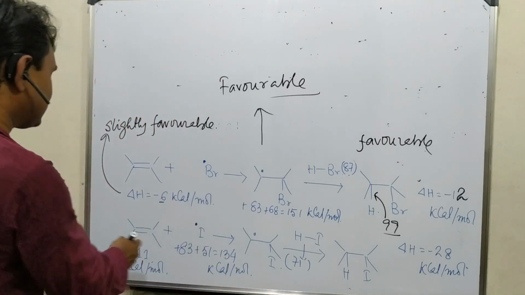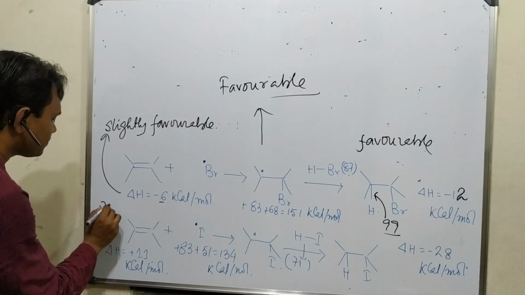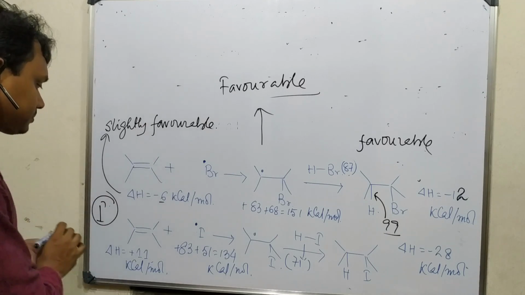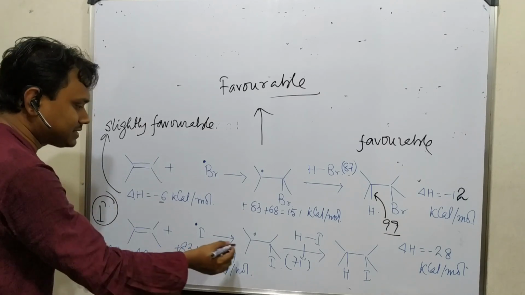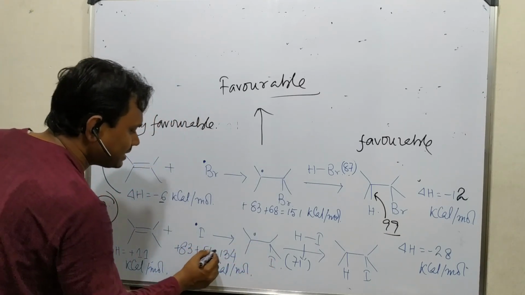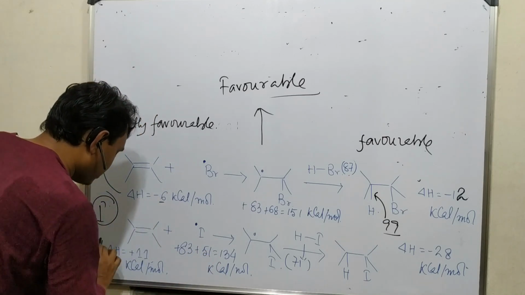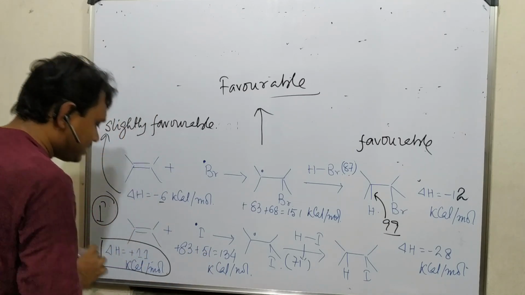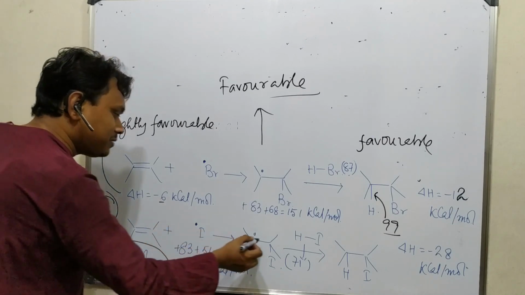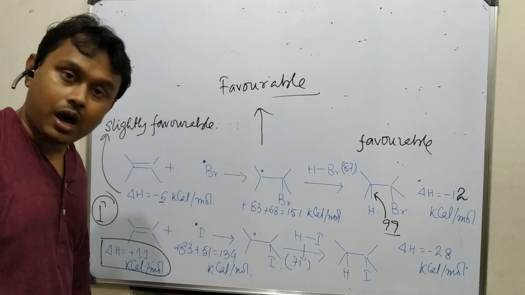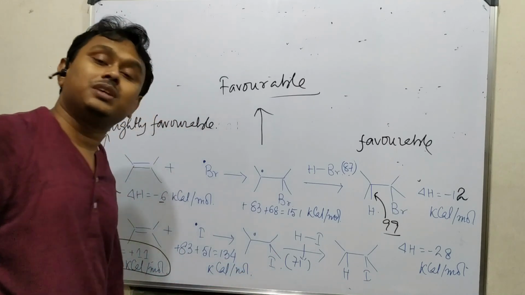Okay. Now let's discuss the last one, that is the iodide one. See, the first step of iodide, this CI bond formation is energetically unfavorable. Delta H is positive. Why? Because this CI bond is not stable enough for this first step to be energetically possible.